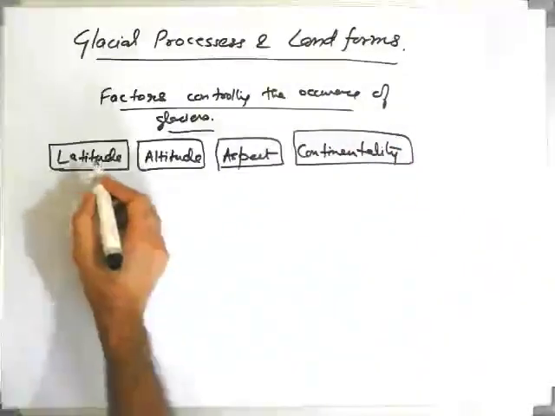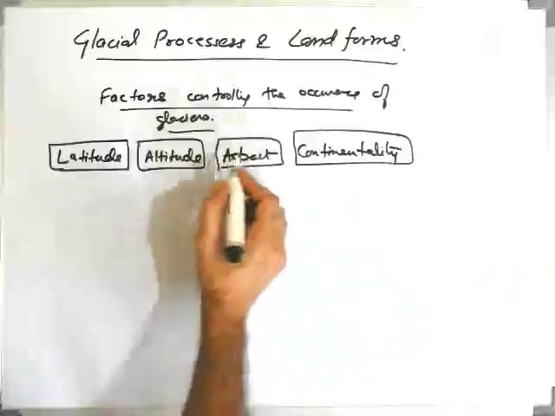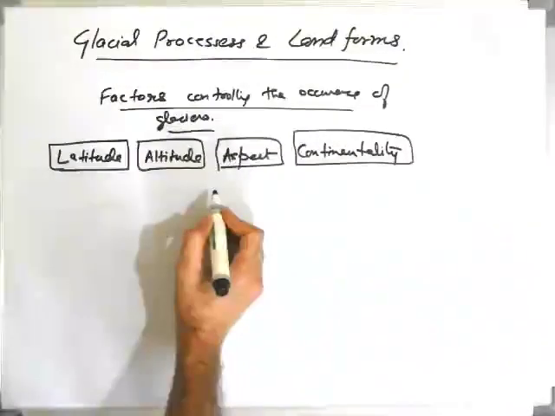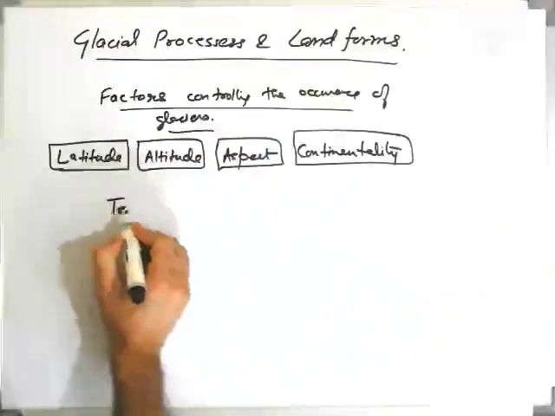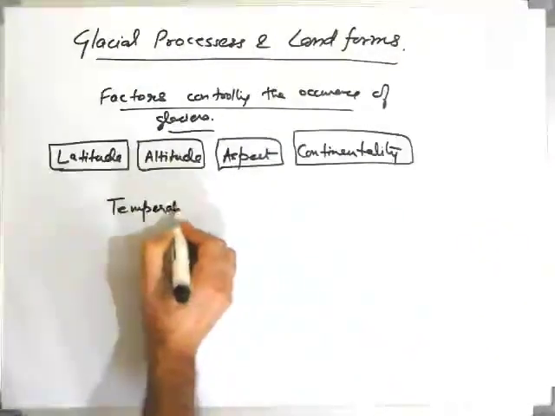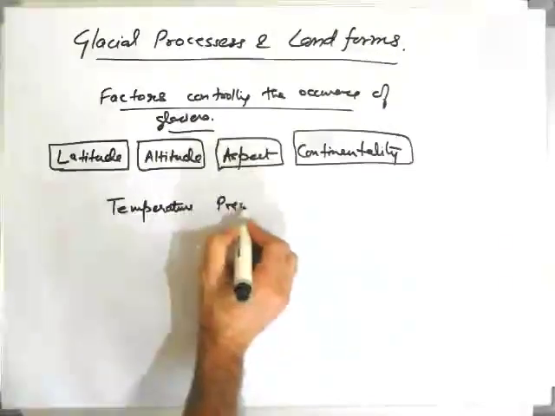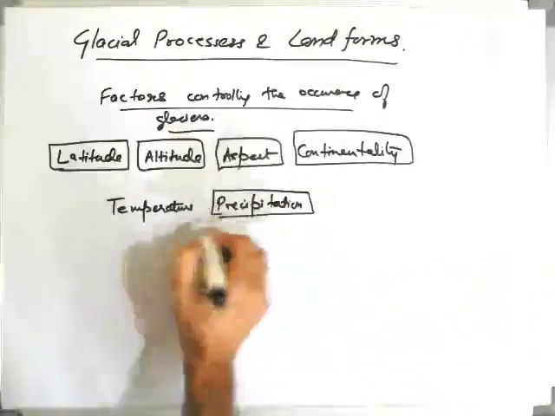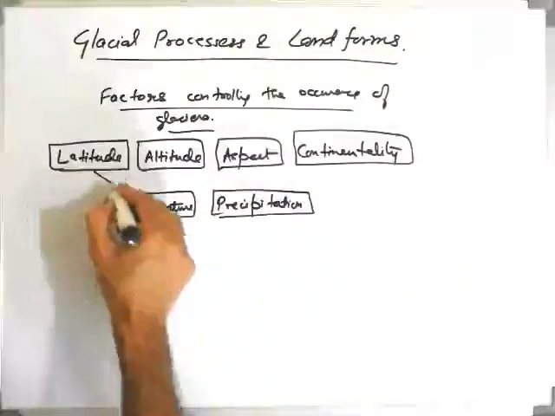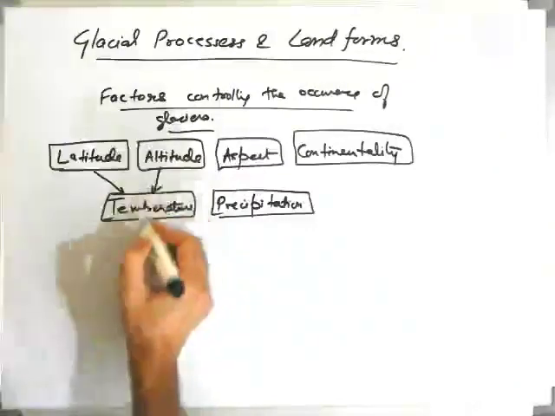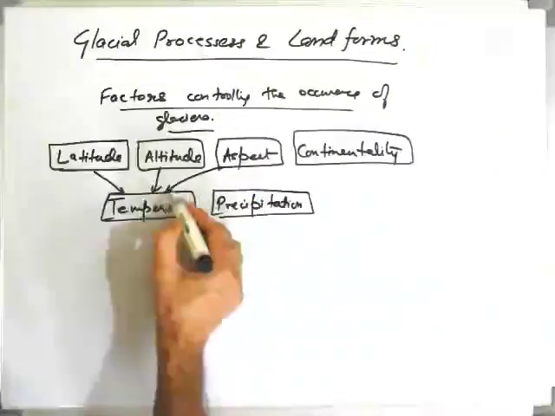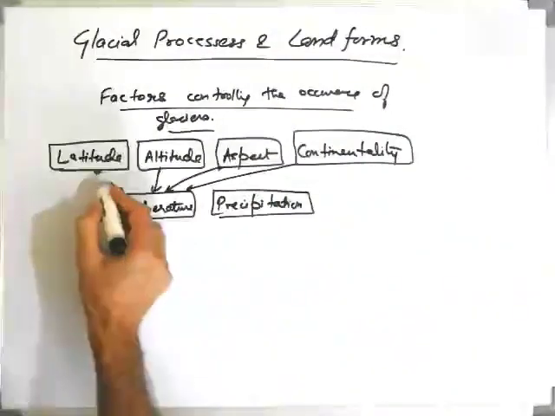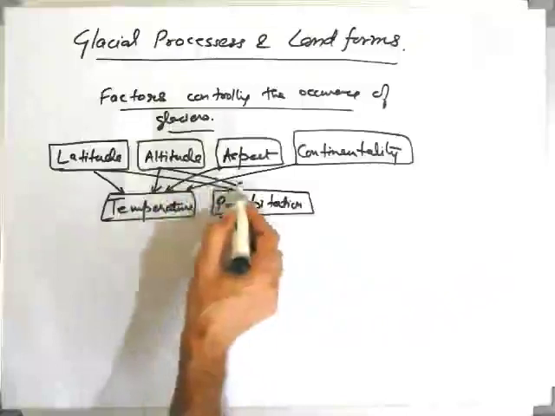Now, latitude, altitude, aspect and continentality, all these control the temperature and precipitation regime of a region. So latitude governs temperature, altitude governs the temperature, slope aspect governs the temperature, and continentality governs the temperature. Similarly, it will also govern the precipitation.